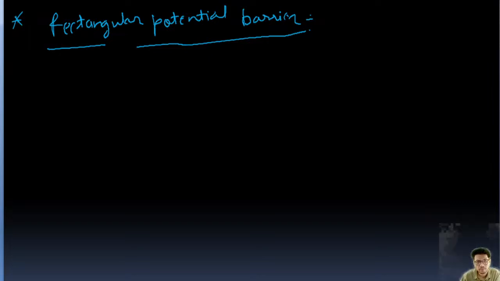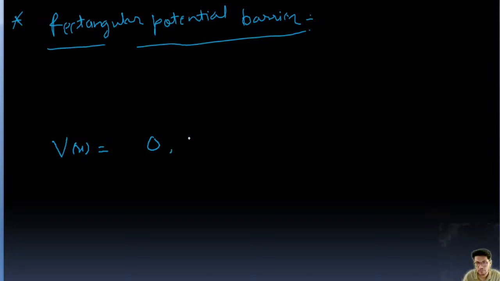I will define a rectangular potential first. Rectangular potential barrier. So V(x) is 0.